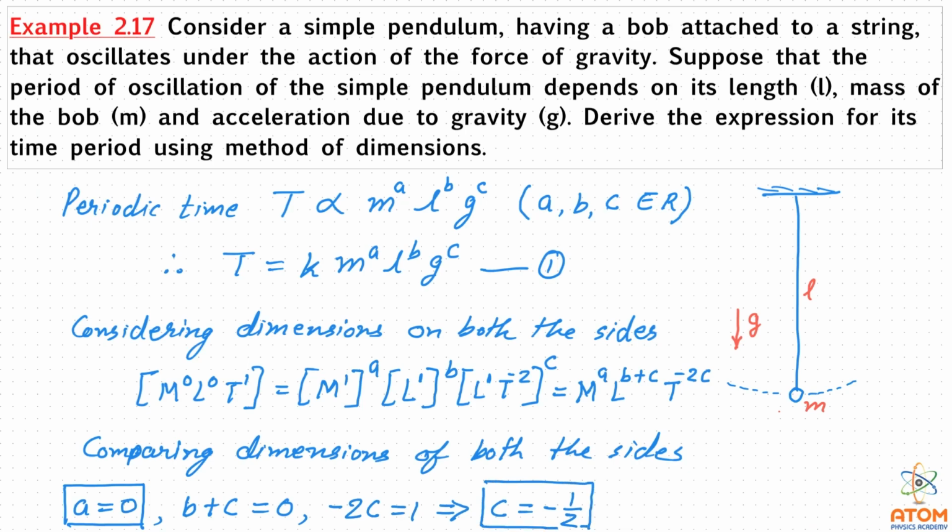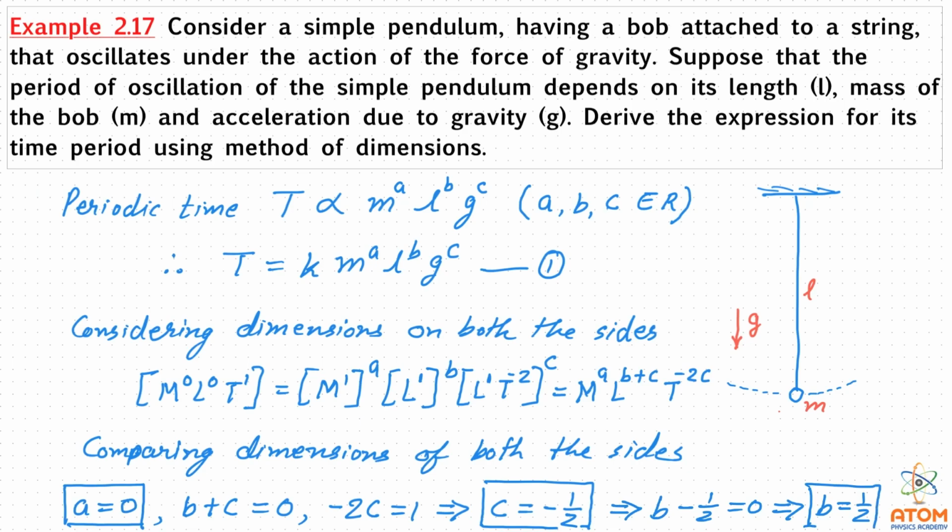But if C is minus 1 by 2, then from this equation B plus C is equal to 0, I can write that B minus 1 by 2 equals 0. And so we can say that B is equal to 1 by 2.